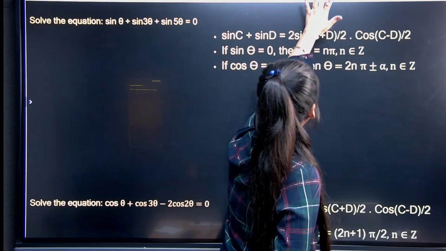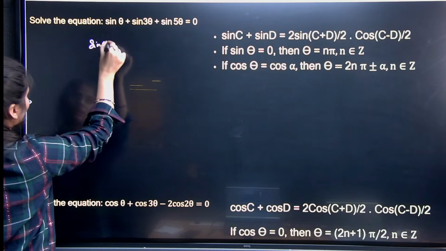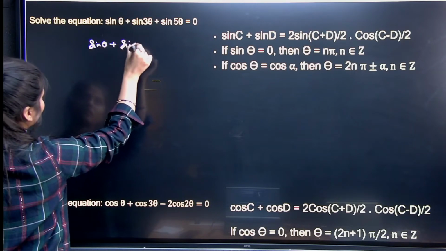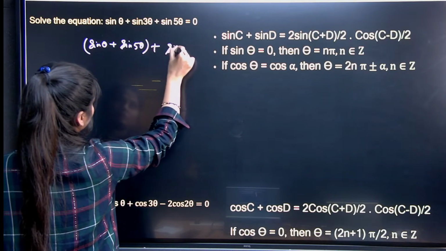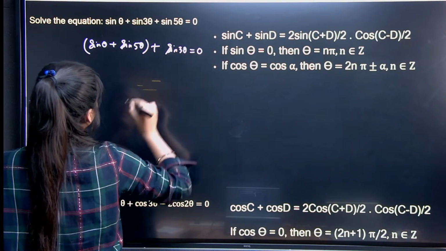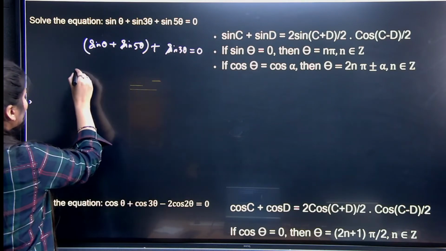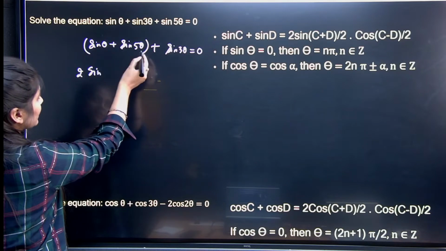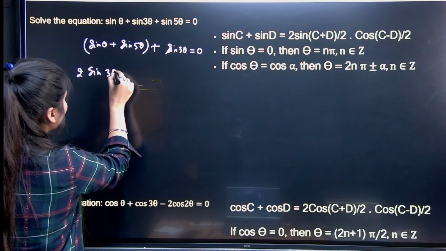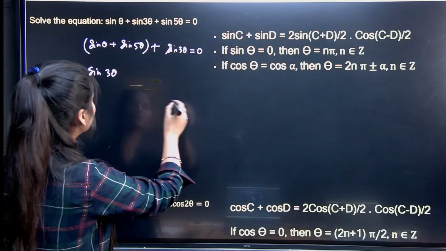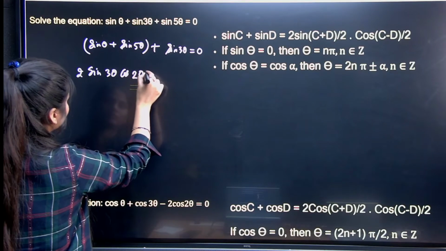So it is nothing but sine theta plus sine 5 theta and sine 3 theta. Now, sine C plus sine D is 2 sine C plus D by 2, that is 6 theta by 2, which is 3 theta, and then cos C minus D by 2, cos 4 theta by 2, that is 2 theta.